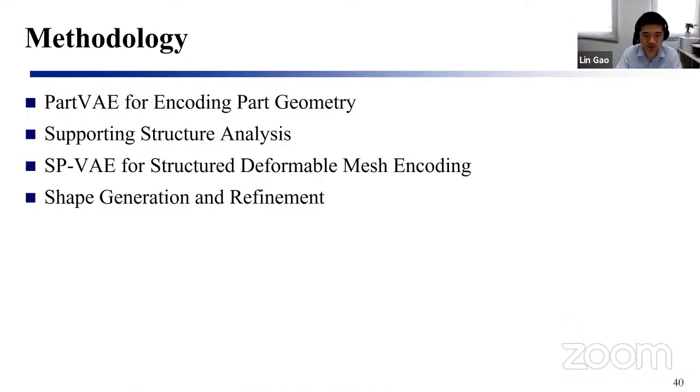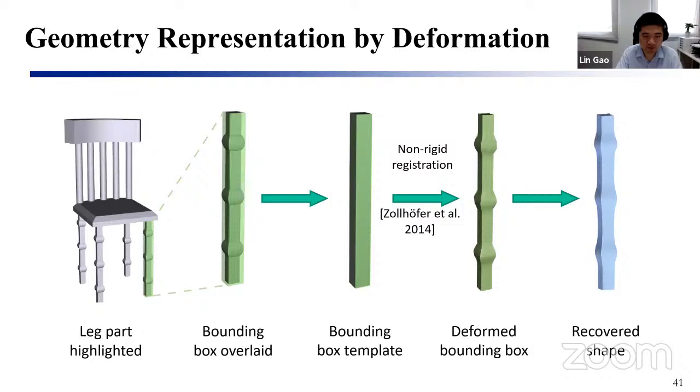So here, let's look at the technical components of this method. This is something from the previous deformation representation. Given one 3D man-made object, we need to do the segmentation. Given the segmentation, we could use a bounding box to cover each segment part.